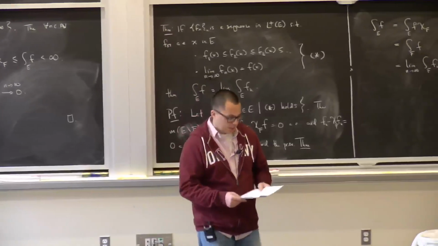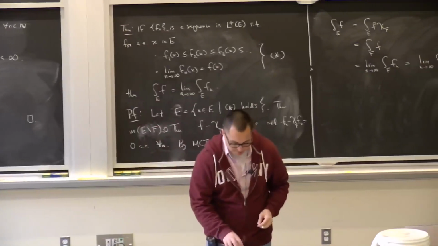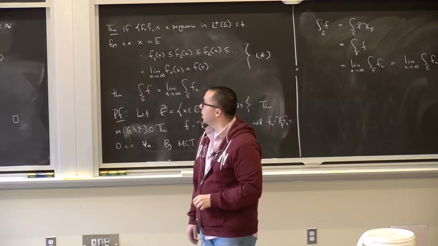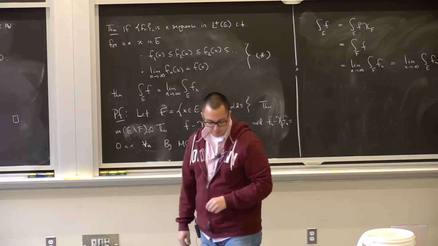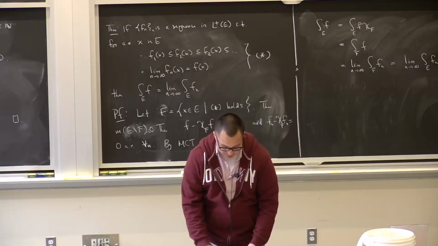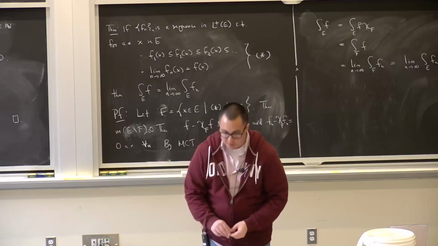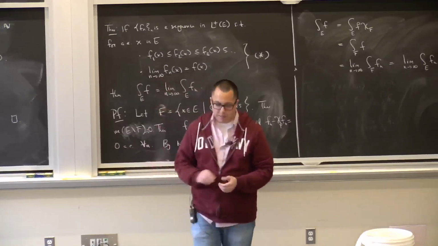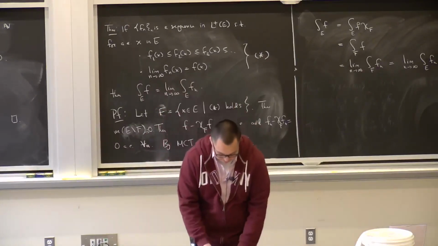Okay, so that seems like a good place to stop. Next time, so we've defined the Lebesgue integral of a non-negative measurable function. We will then define the class of Lebesgue integrable functions and extend the definition of integral to those functions in a fairly straightforward way.